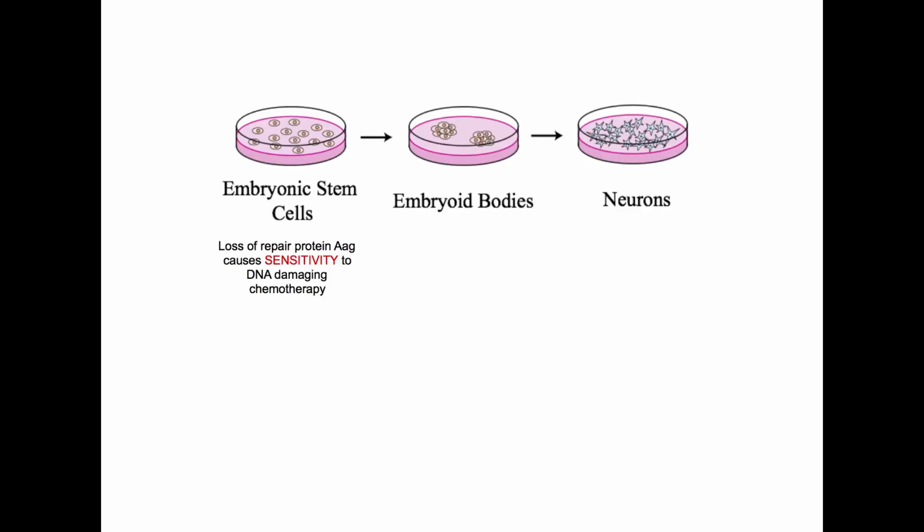And so we're developing and optimizing the system as a model system where we can study in the stem cells, loss of AAG leads to sensitivity to alkylating agents, and then over a 3-week differentiation period in culture, you should get neurons that are now resistant to alkylating agents when you lose AAG.